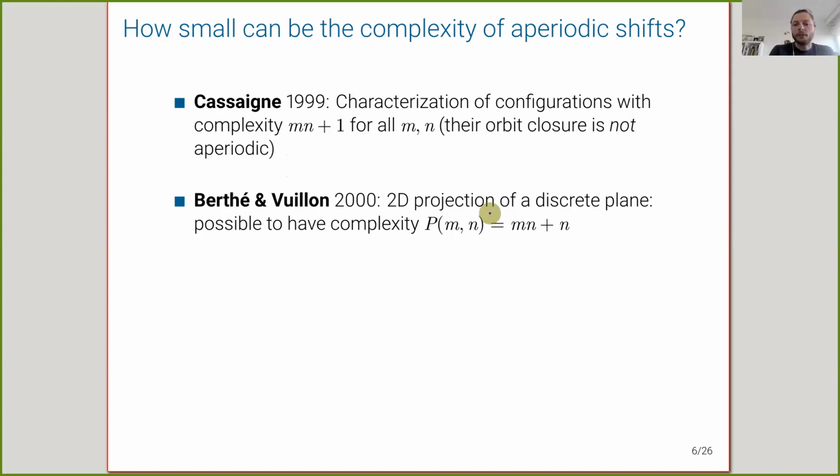So that's actually quite close to what we have, the mn plus 1, but still it's not exactly mn plus 1. So we don't really know what's happening between mn plus 1 and mn plus n.